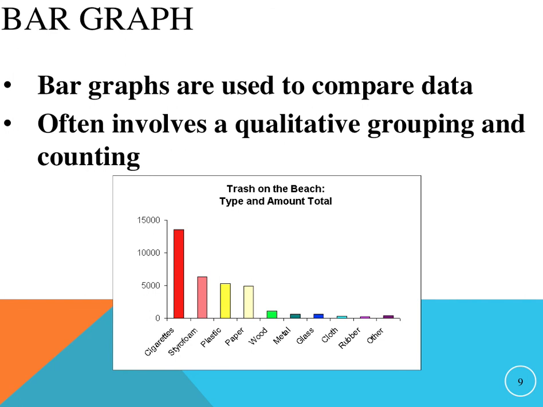In this example, picking up trash on the beach, we could classify all the different types of things we picked up and count them. If we think about the census, they're collecting data per year, and then they show how many people had raises or their income had increased that year. So the year, even though it's a number, is really a group. It's representing a large group.